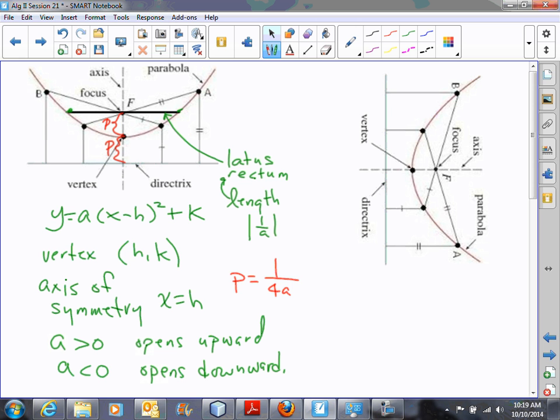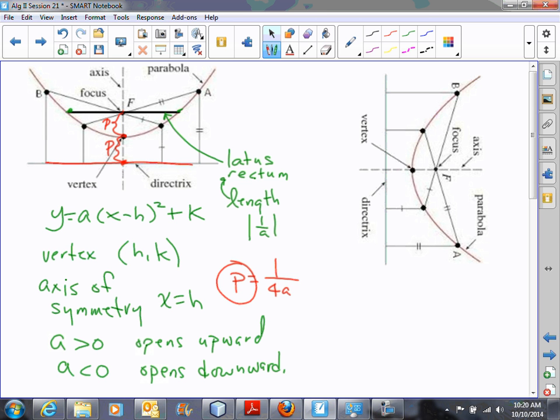So you can find the distance from the directrix to the vertex and the distance from the vertex to the focus if you know the value p, and notice that the directrix is perpendicular to the axis of symmetry.